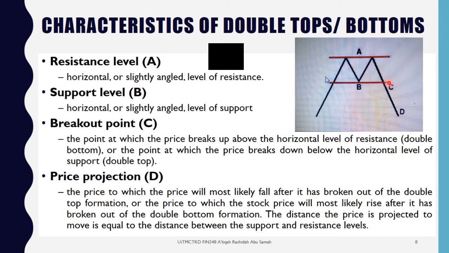Price projection means how long, how much distance. This is the distance between the support and resistance. So this is how far the price will go down, and then you need to do something before the price goes further.